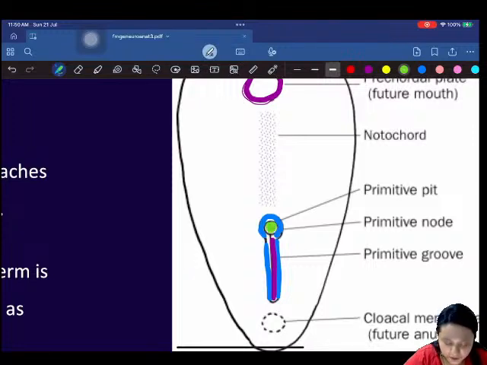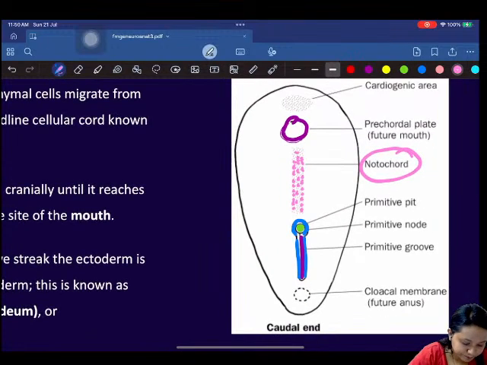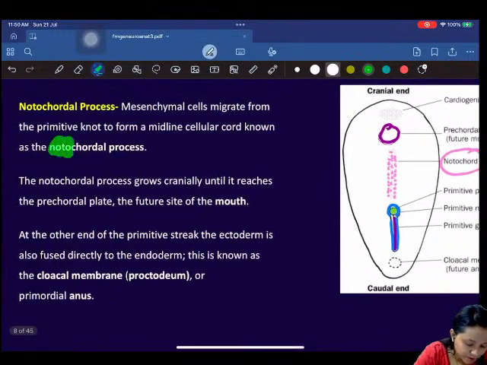Now from this primitive node or Hansen's node, certain mesenchymal cells will proliferate, and they are going to form again a rod-like substance that is known as the notochordal process. That is what they mean by notochordal process.